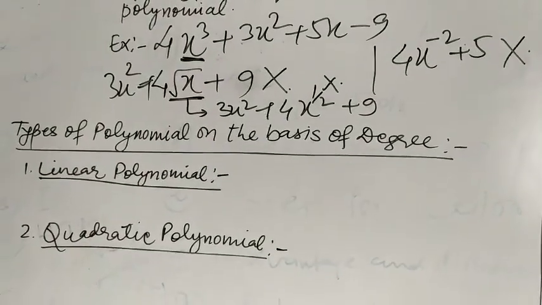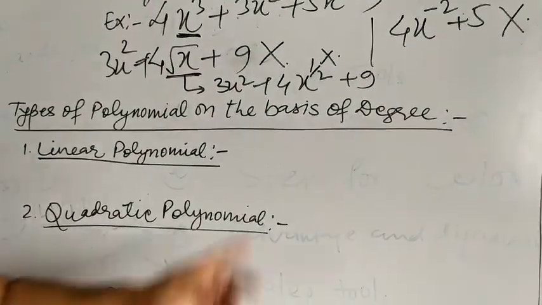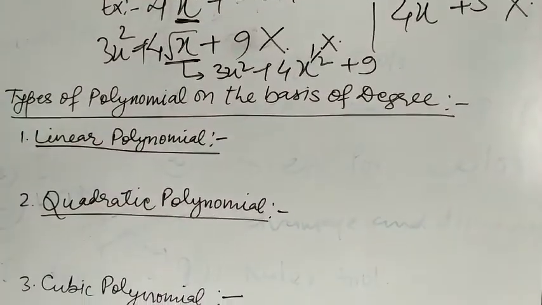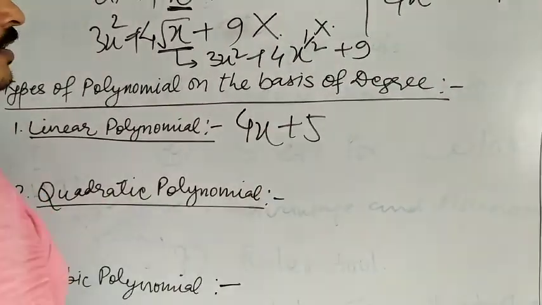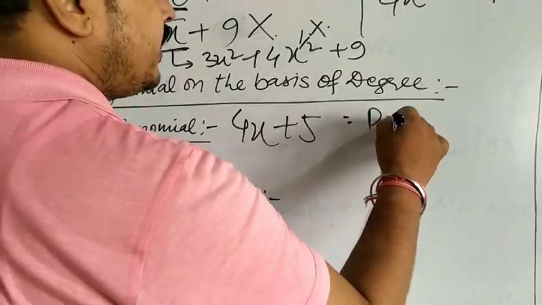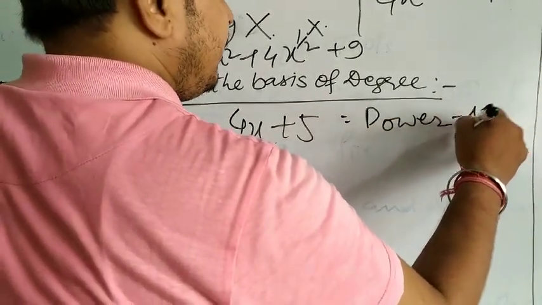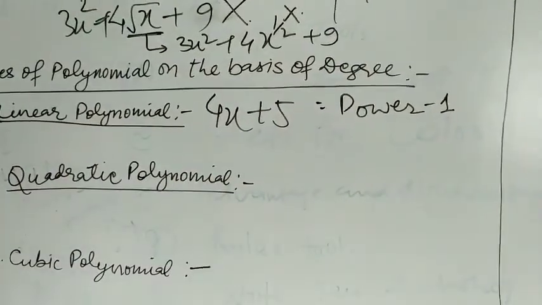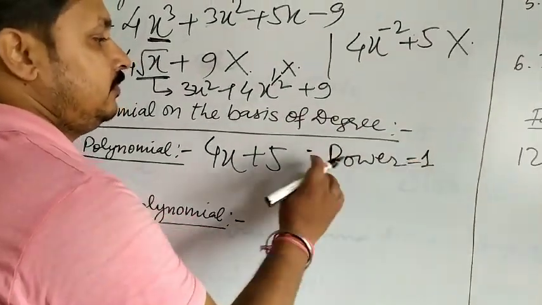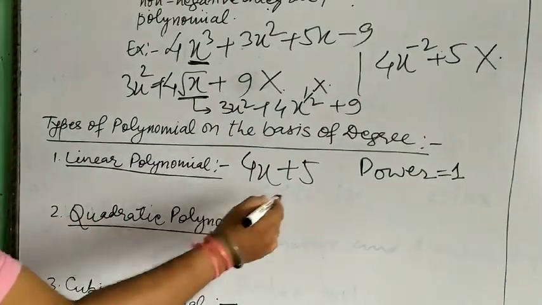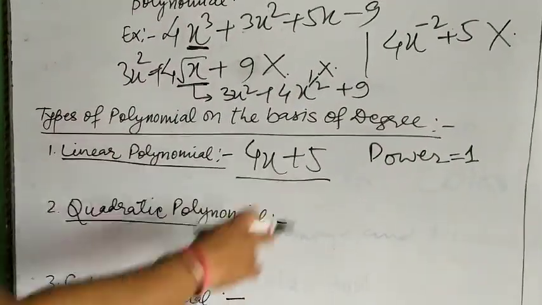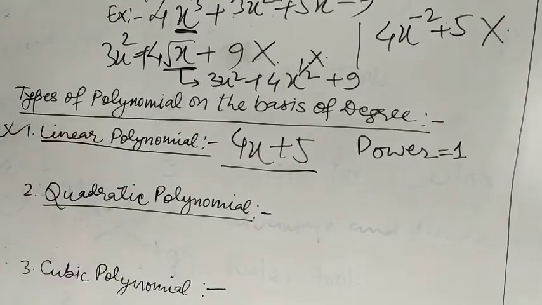Types of polynomials. Linear polynomial, on the basis of degree. Degree means, for 4x plus 5, the power is 1. The highest power of this polynomial is 1, so this is called a linear polynomial.